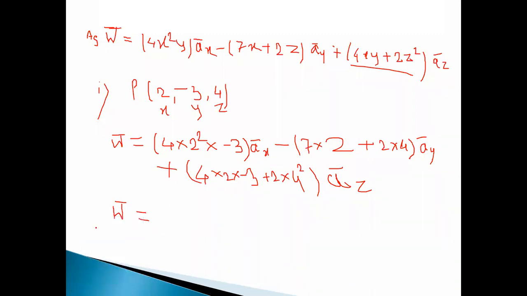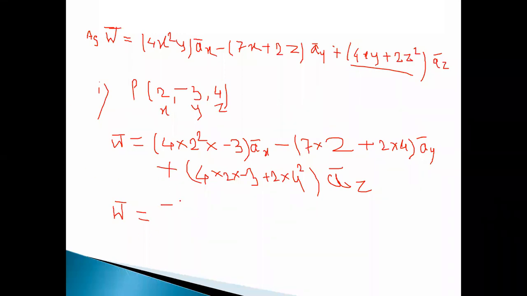Then similarly, you can find the second one also, W bar unit vector that shows direction of vector field at point P. Means you have to find the unit vector. Unit vector A bar is equal to that vector divided by its magnitude, means W bar divided by mod of W bar.